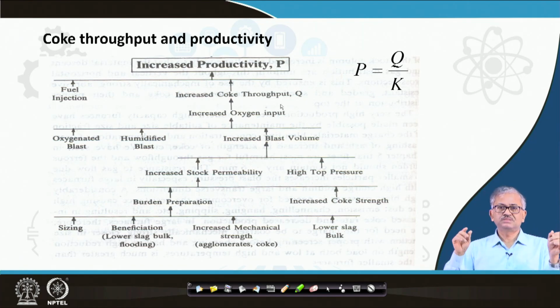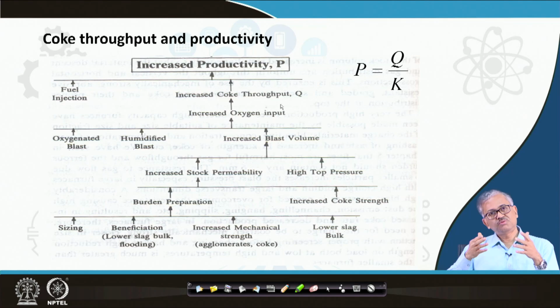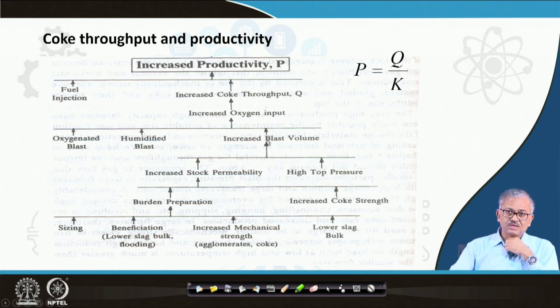That is obvious, because stoichiometrically, a certain amount of oxygen is required to burn a certain amount of carbon. If you want to burn more carbon per unit time, you have to supply more oxygen. Now, if you want to give more oxygen, what measures can you take? In the blast, you increase the oxygen input. It may be by oxygen enrichment, or by increasing the volume of the air blast, right? You can increase that. So what are the measures?